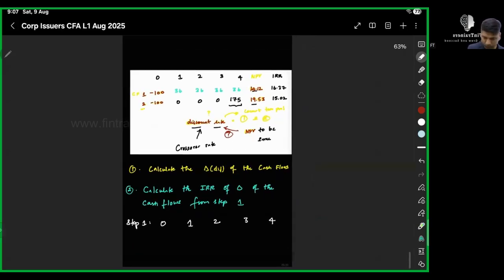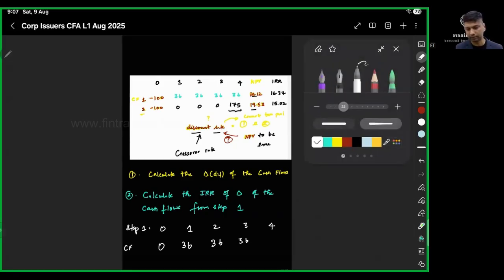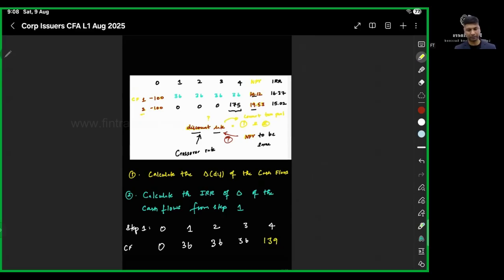For period 0, minus 100 minus minus 100 becomes 0. Then let's subtract project 2 from project 1: 36 minus 0 is 36, 36, 36. The last one is 36 minus 175. How much is that? Minus 139. So this is the negative.